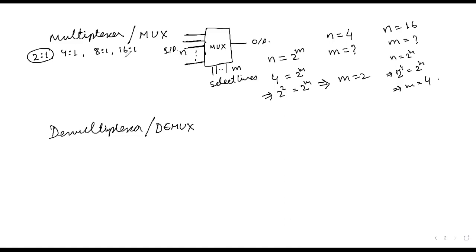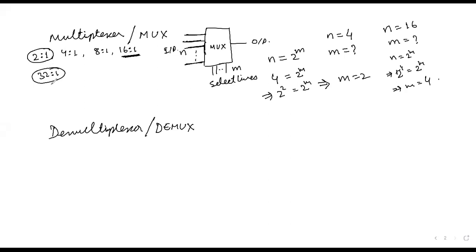Basically, up to 16:1 multiplexer is available in the market as an IC. These are the multiplexers which are available or which we can design. The larger multiplexers can be designed using smaller multiplexers.